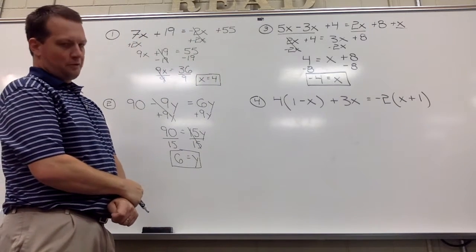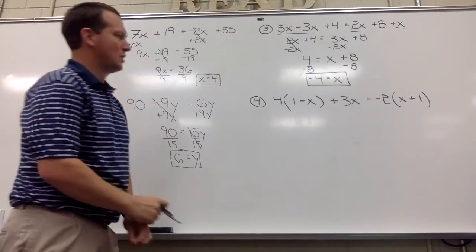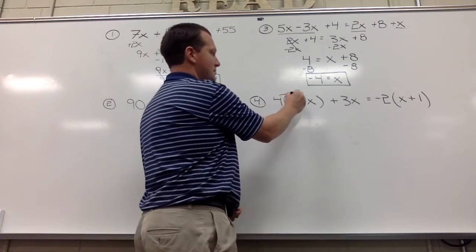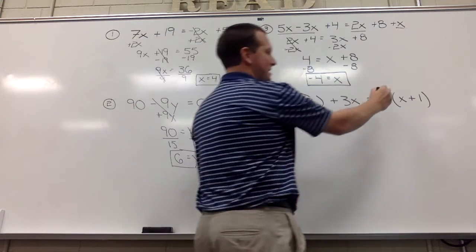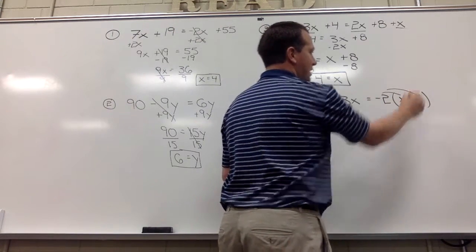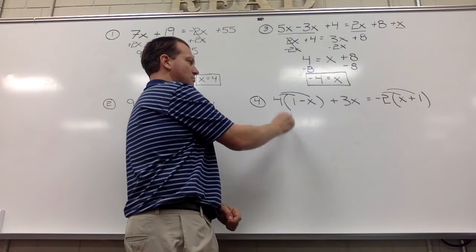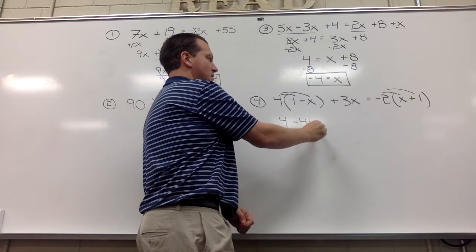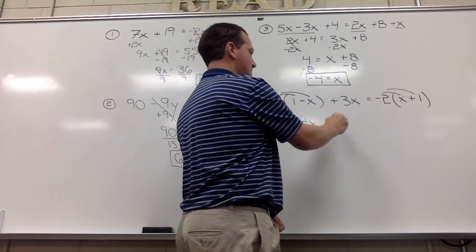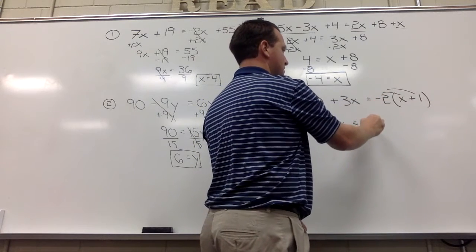Example 4, your friend and mine, the distributive property is going to have to be utilized to multiply my 4 outside in on the left side of the equation and my negative 2 outside in on the right side. So I'm going to go 4 times 1 is 4. 4 times negative x, negative 4x, plus 3x will equal negative 2x.